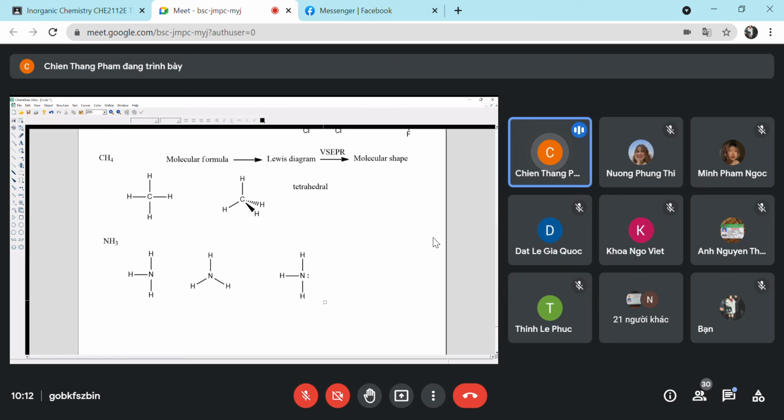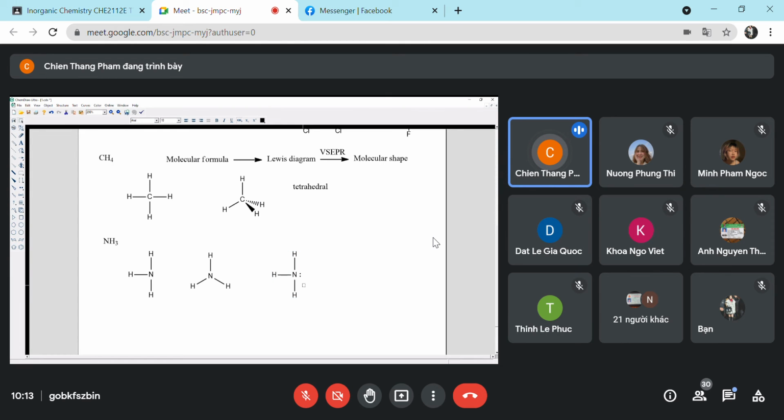Electron pair, not electrons. Okay, let's count together. You count, not me. The first one is 1, 2, 3, and 4. It's 4, not 3.